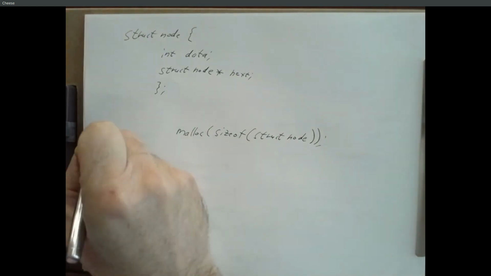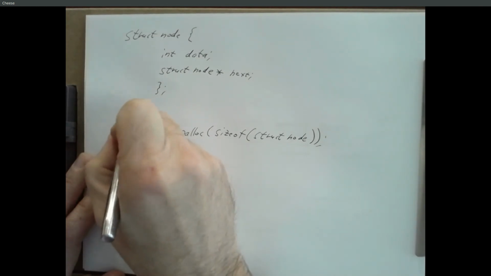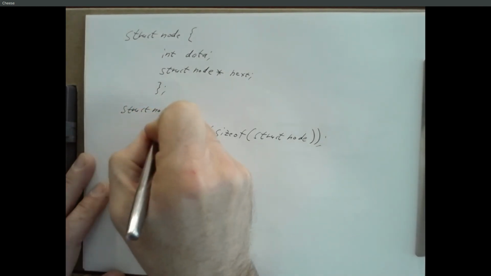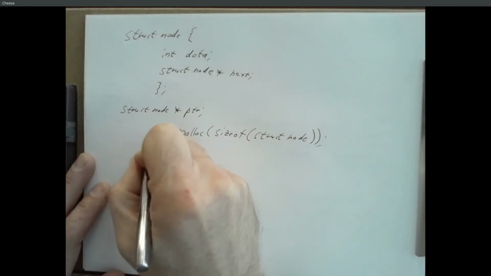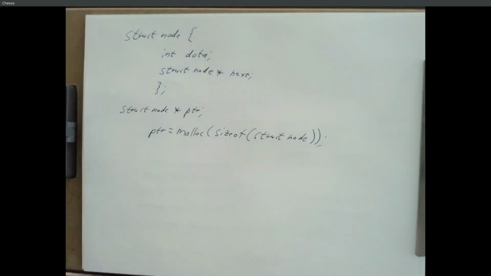And that's going to return a struct node star. So we can say something like PTR, which is a pointer to a struct node. PTR equals malloc.